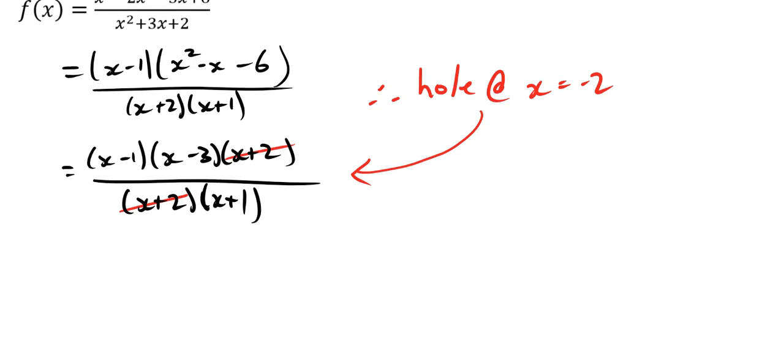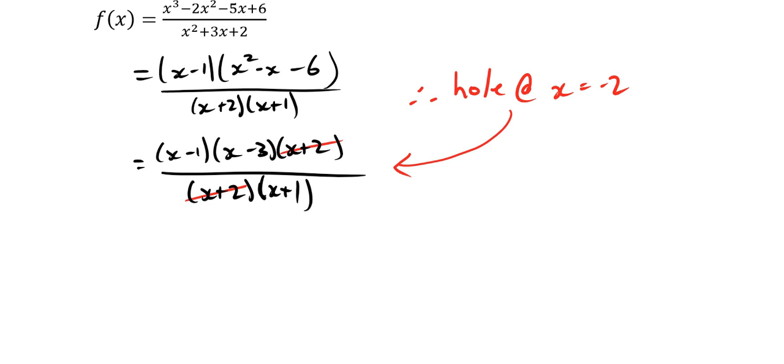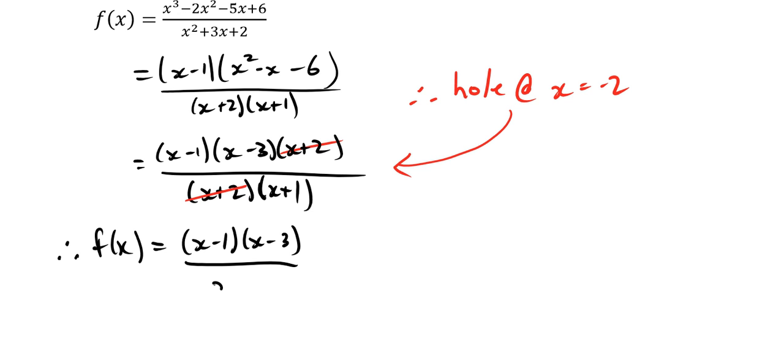So we've got a hole there, and I'm just going to say, therefore, f of x equals x minus 1 times x minus 3 over x plus 1. And we just want to remember that it has a hole. That's an easy thing to forget later on, because everything we're going to do from here on in, remember what I've said.